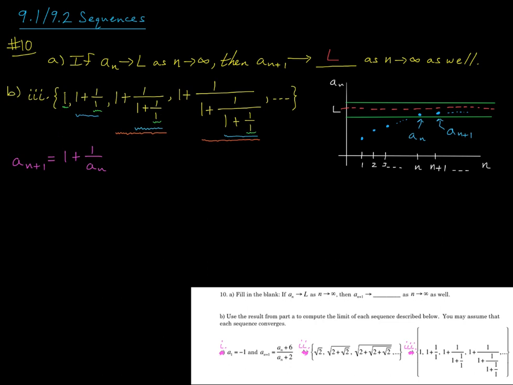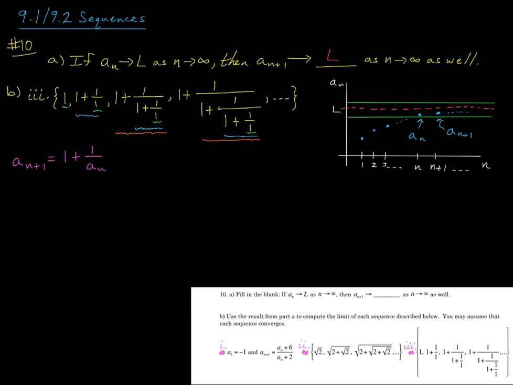Notice here, the starting 1 in green shows up in the second term right there. This is 1 plus 1 over the previous term. Then the second term here, which I've underlined in blue, shows up in the third term right here. And again, I'm doing 1 plus 1 over the previous term to get this third term.